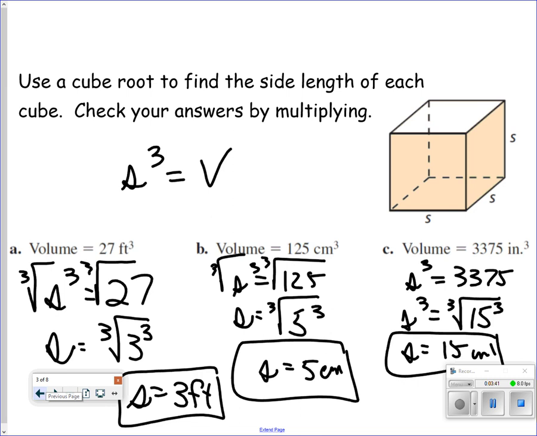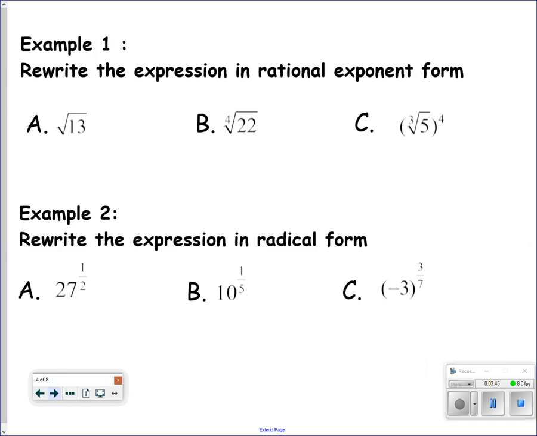So let's talk more about this. There are two ways of writing a radical. You can either write it as a radical, or you can write it as an exponent. Here's how you do this. Whatever the root is and whatever the exponent is. If I wanted to rewrite this, this is a square root. If it doesn't have anything here, it's assumed to be a 2.